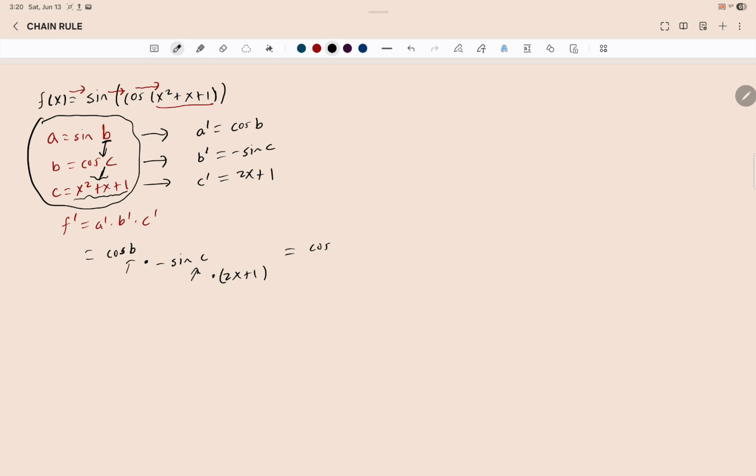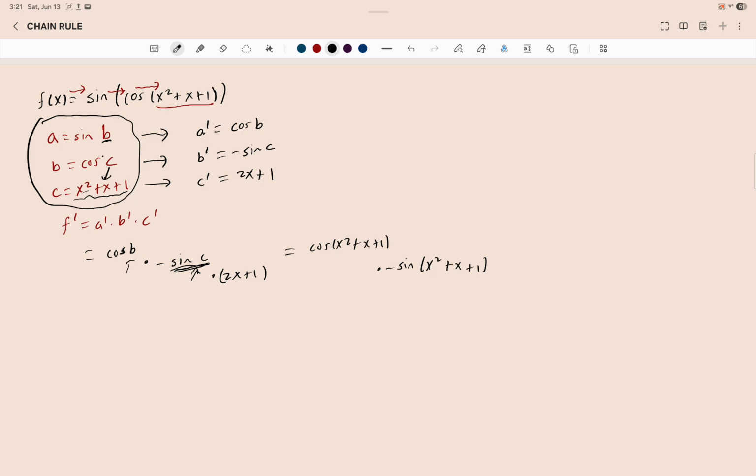So I'm going to replace c with x squared plus x plus 1. Cool. Now to replace the c in the negative sine c part, again, what's c? It's here. So c is going to be this whole thing: x squared plus x plus 1. Great.